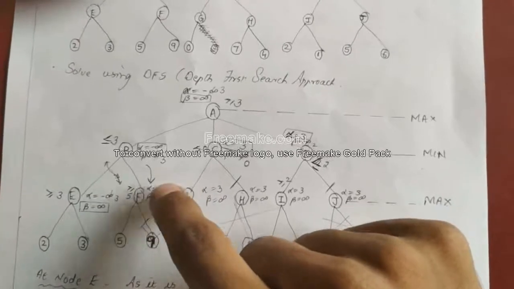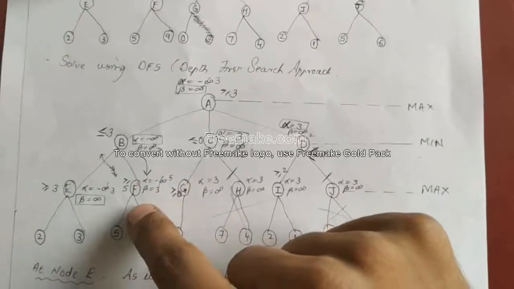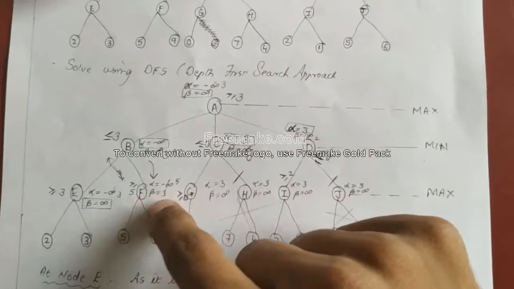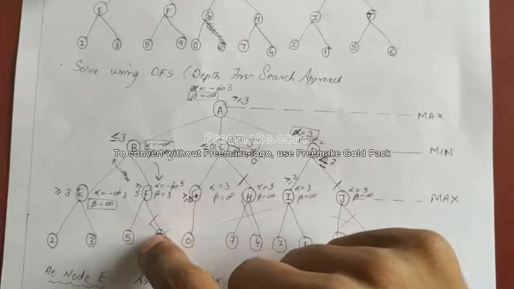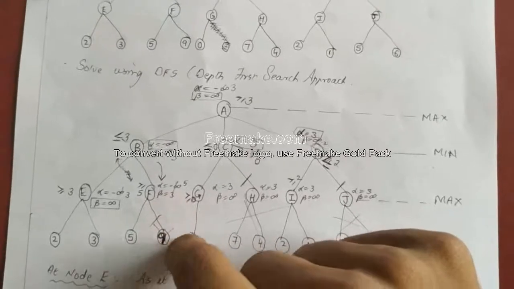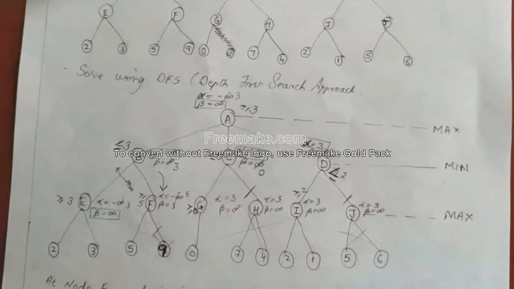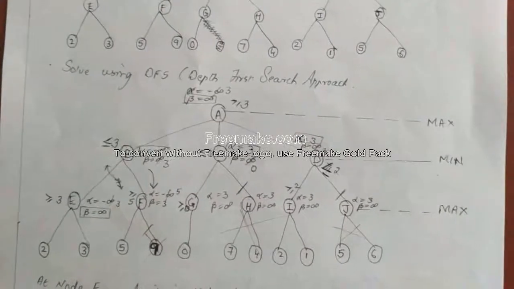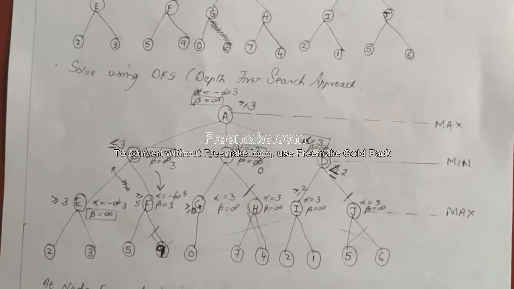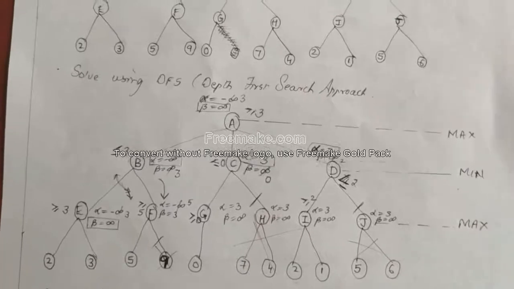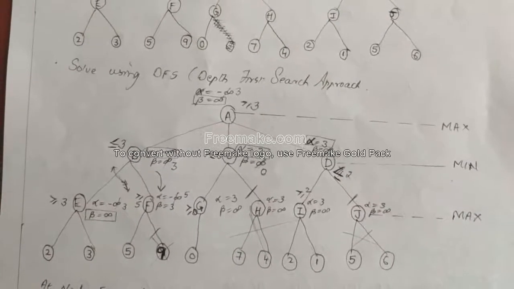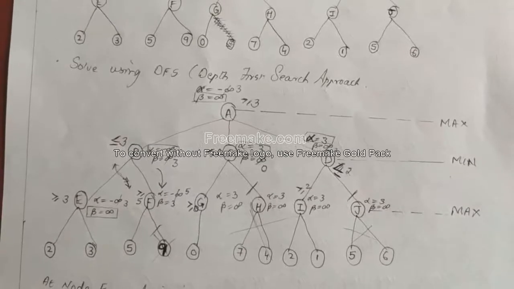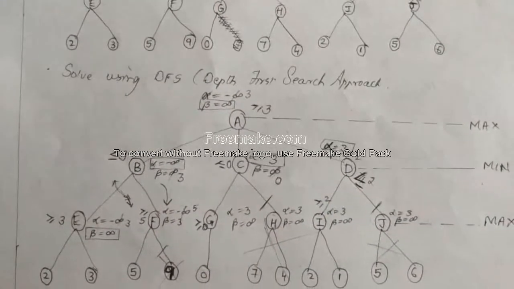Once this condition is satisfied, the nodes attached to the current node are not taken into consideration, or the exploration of the other nodes can be stopped. So the other nodes may not be considered for the decision of the maximum value. We skip the other nodes once this alpha greater than or equal to beta condition is satisfied.